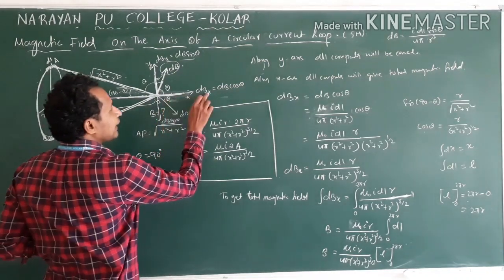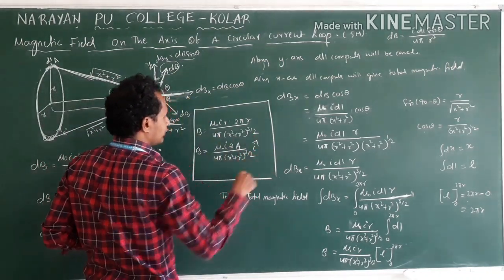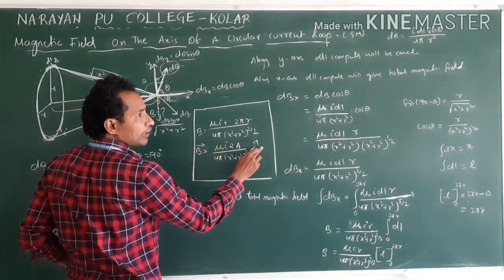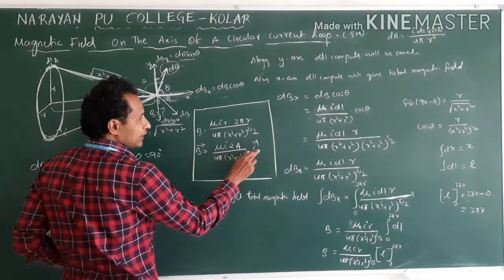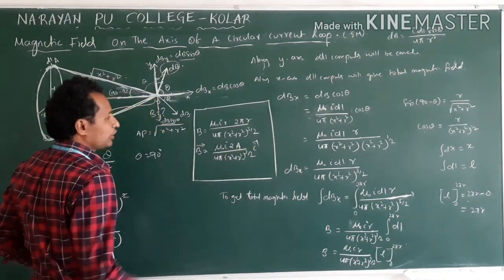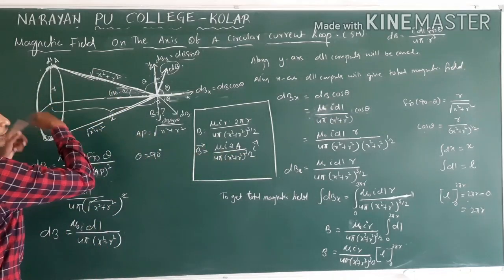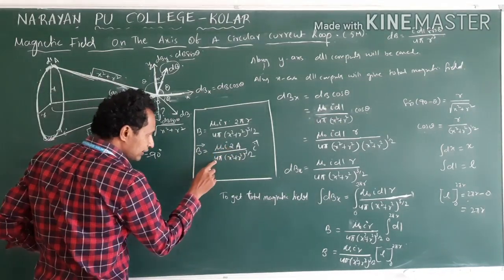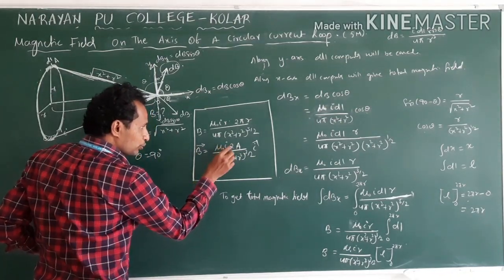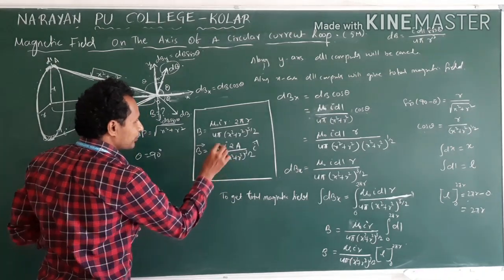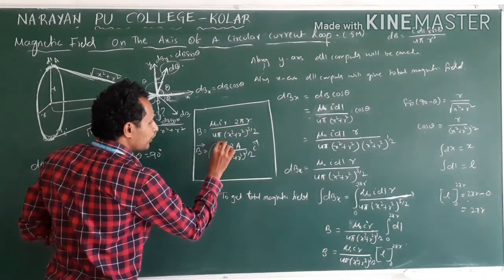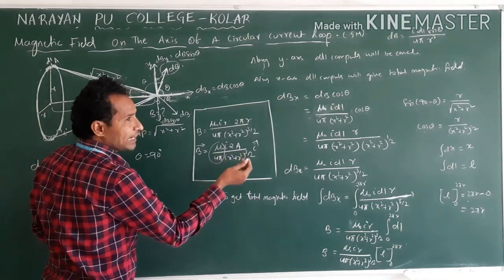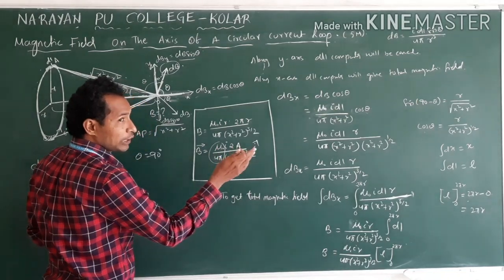So this is acting along the x direction. Then for the field vector, how do we represent direction? By i cap. A is the area of the loop. You can cancel this, but to avoid cancellation, because mu naught by 4 pi is easily cancelled, mu naught value is 4 pi into 10 power minus 7.